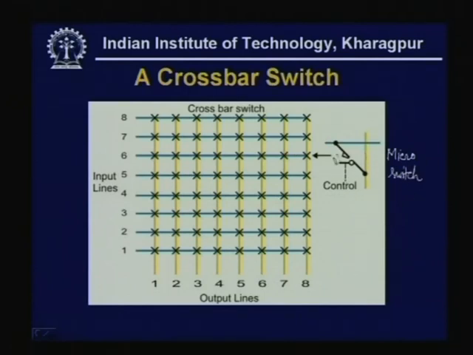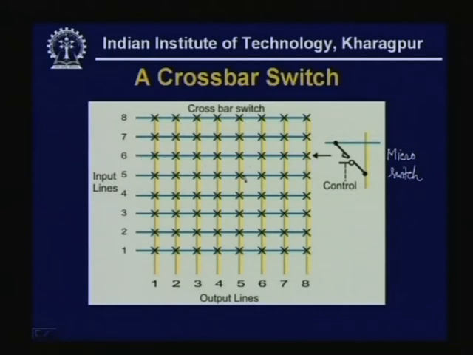With the help of this micro switch, a connection can be established between a vertical line and a horizontal line. For example, say here 6 and this is 8. If this cross is closed, that means this micro switch is closed, then a path is established between 6 and 8.